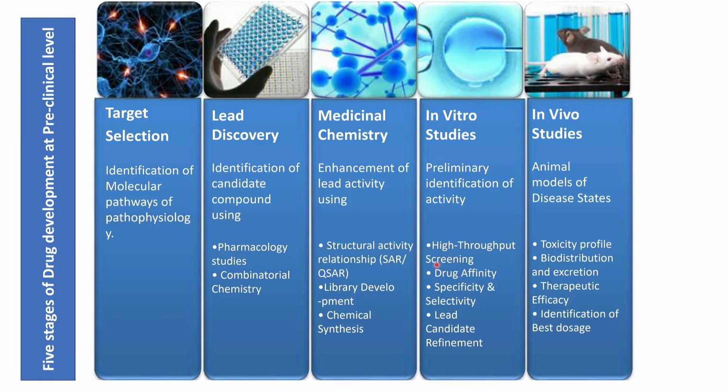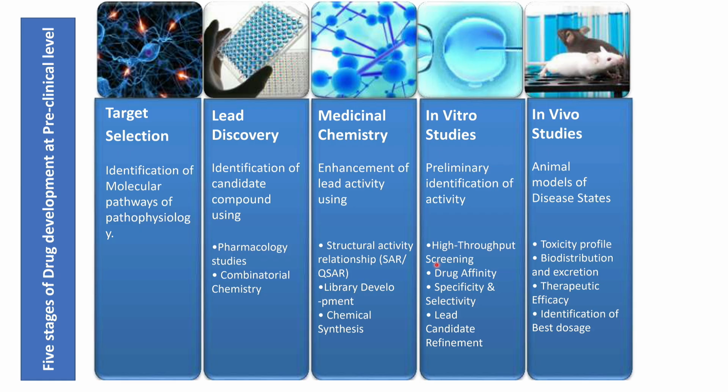Then the second step is lead discovery. Your target can be an enzyme, it can be a receptor, it can be a protein, it can be a DNA, it can be a carbohydrate, it can be anything. On the basis of the type of molecule that target is, you select a lead molecule which could bind it, either enhance its property or decrease its property.